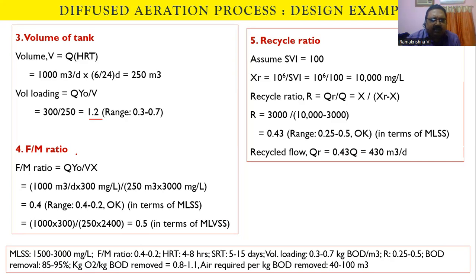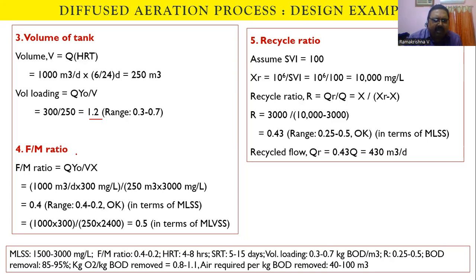MLSS consists of both inorganic as well as volatile solids. MLVSS considers only the volatile solids. Volatile solids are often considered as the active biological solids in the system. So whenever we talk about the microbial mass, we always consider it in terms of MLVSS.